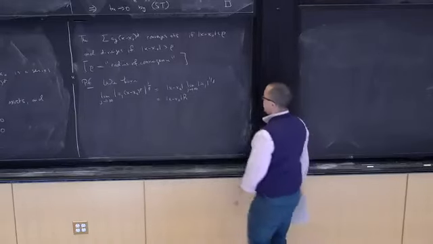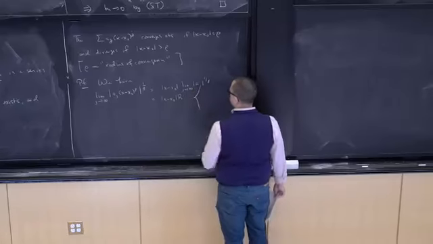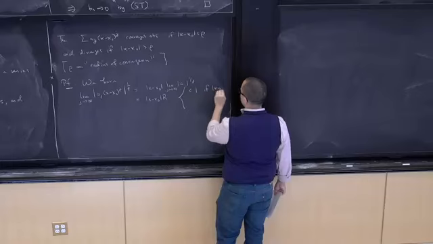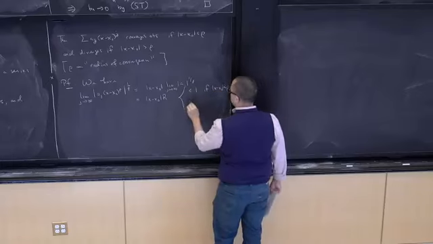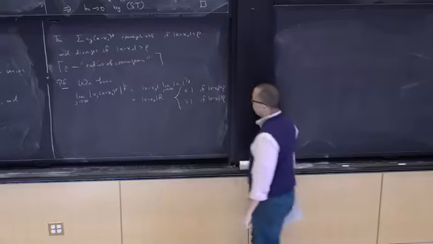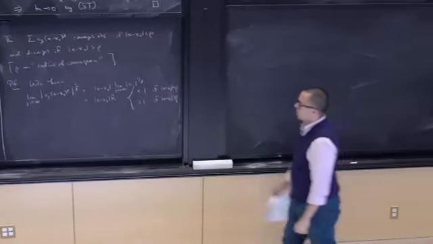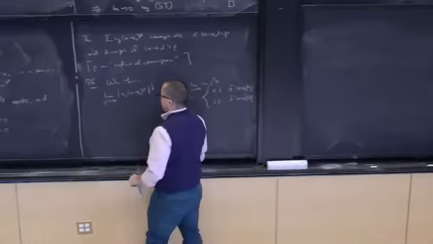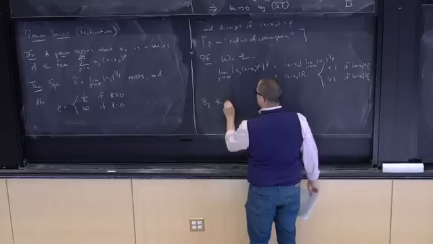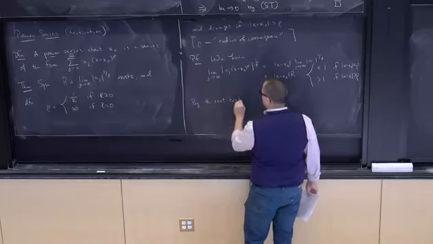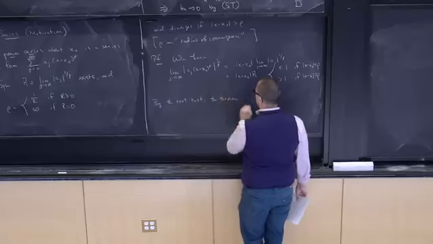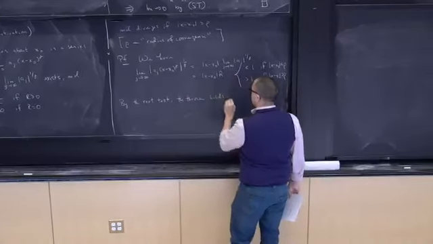Okay? And we have two things happening. This is less than 1 if |x minus x naught| is less than rho, bigger than 1 if |x minus x naught| is bigger than rho. And therefore, by the root test, the theorem holds.